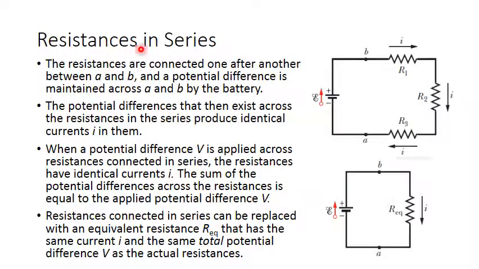Resistance in series. The resistances are connected one after another between A and B, and the potential difference is maintained across A and B by the battery.